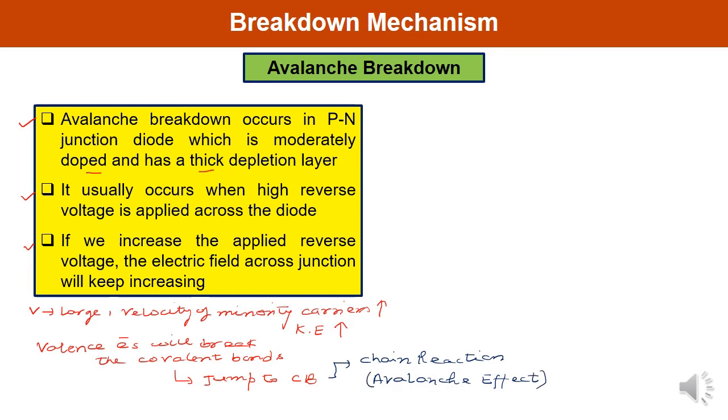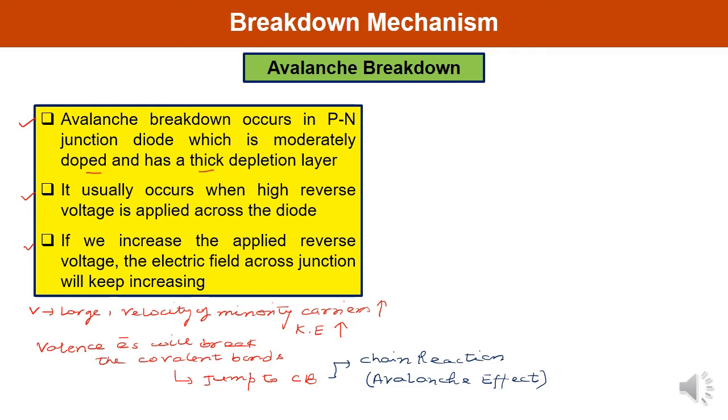And in a very short duration of time, a large number of free minority electrons will be available for conduction. Therefore, a large reverse current will flow through the reverse biased diode and avalanche breakdown will occur.